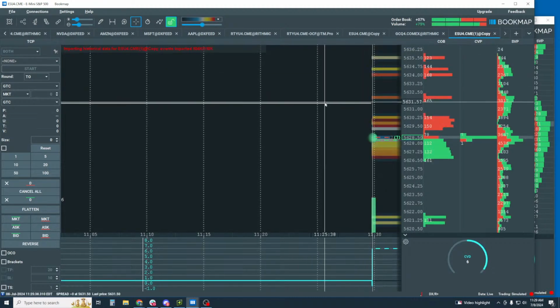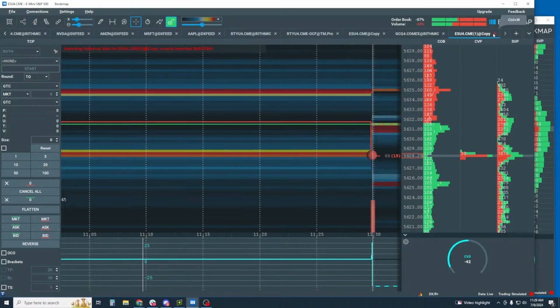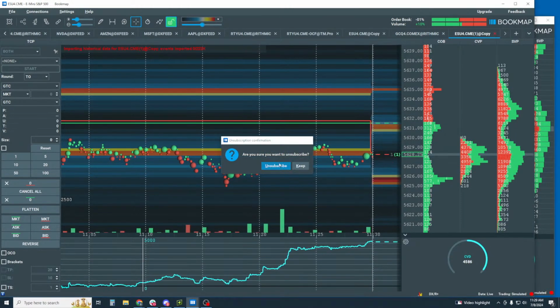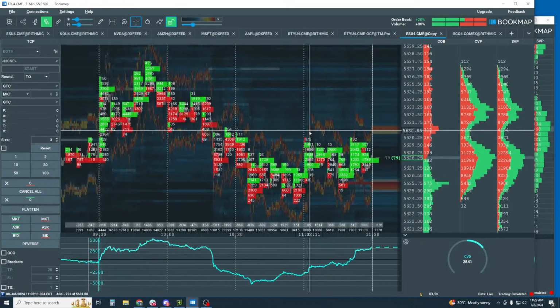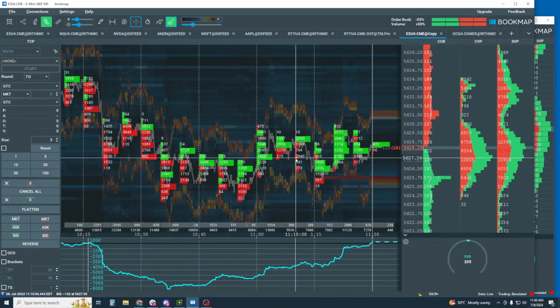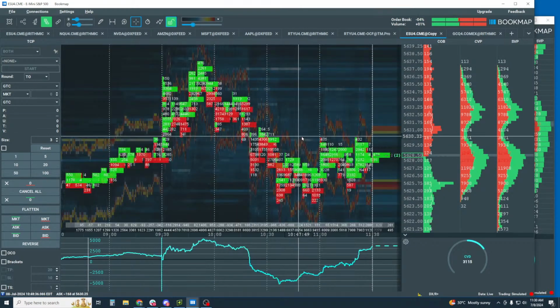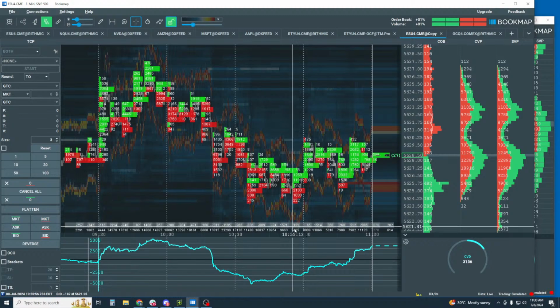Now I'm going to close that for now, because I opened up another one here that I want to show, and we put the footprint chart on that. I took off the volume dots, and I just have the liquidity heat map, and I have footprint and delta. I took off the bars as well.